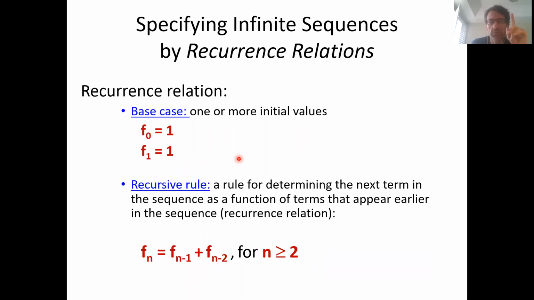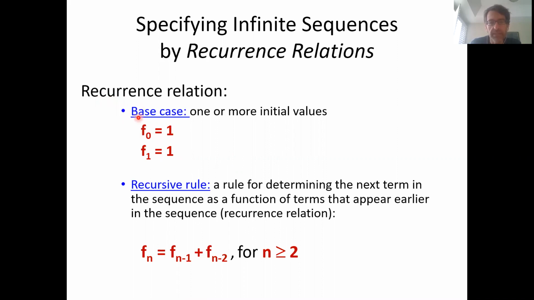Now, that's not the only way you can define a function, although it seems like that should be the only way, but it's not. You can define functions and sequences through a recurrence relation, because sequences are functions. You have to define two things.